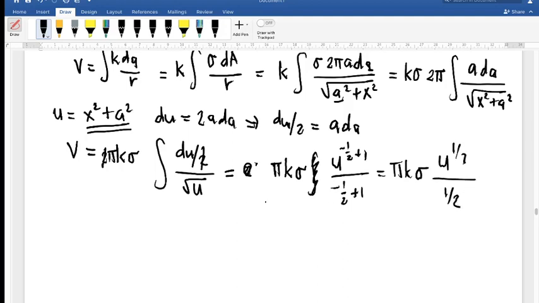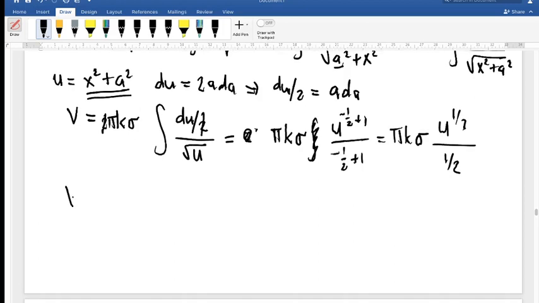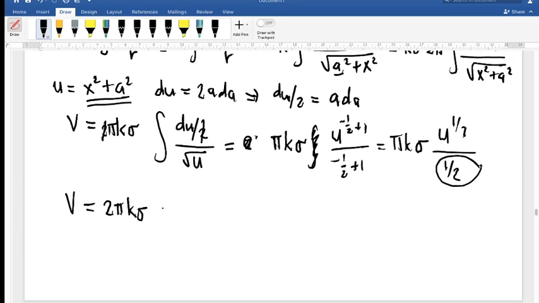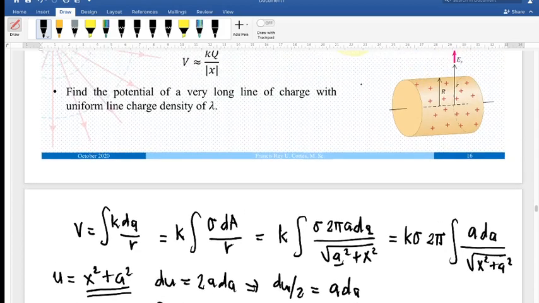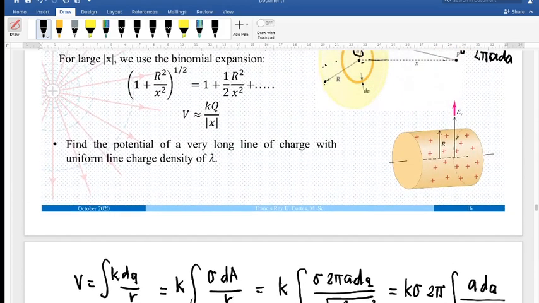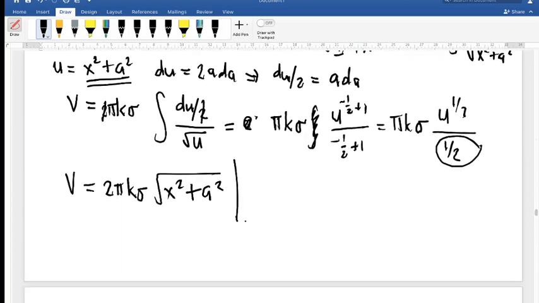Changing the expression of u back, V is equal to 2 pi k sigma, where the 2 comes from the 1/2 below, times the square root of x squared plus a squared, integrated from radius equal to 0 up to radius equal to capital R.